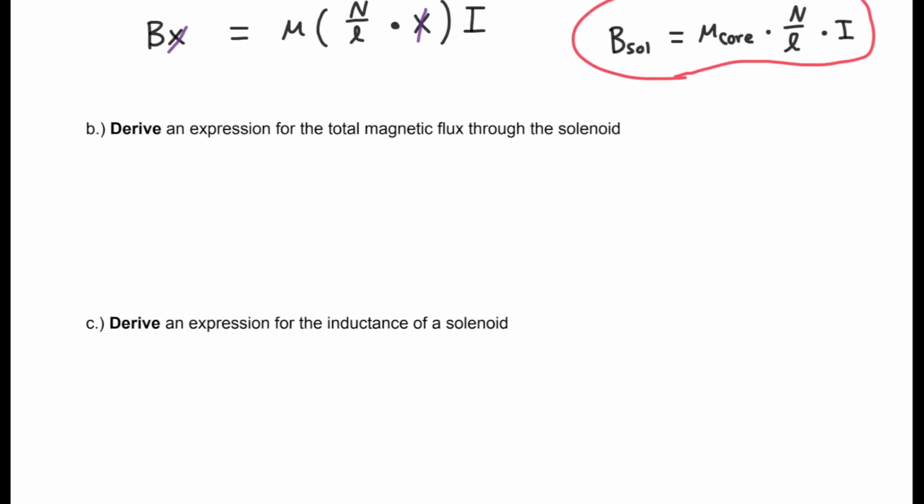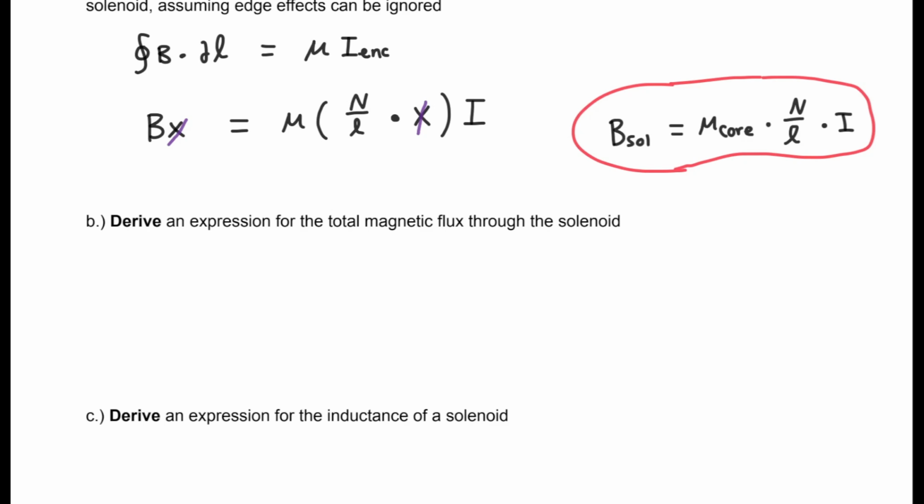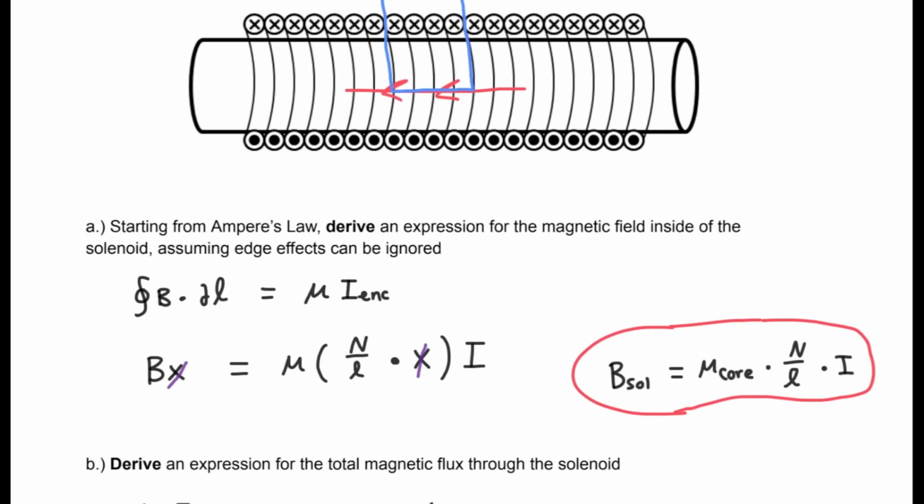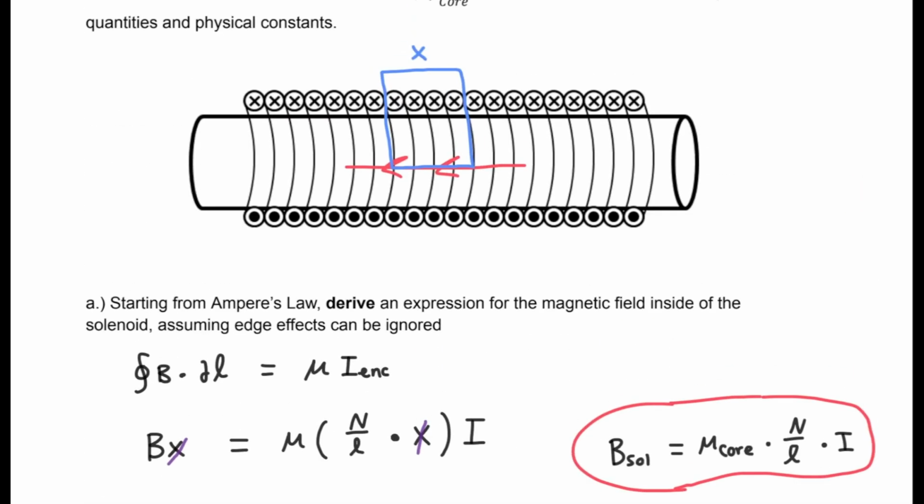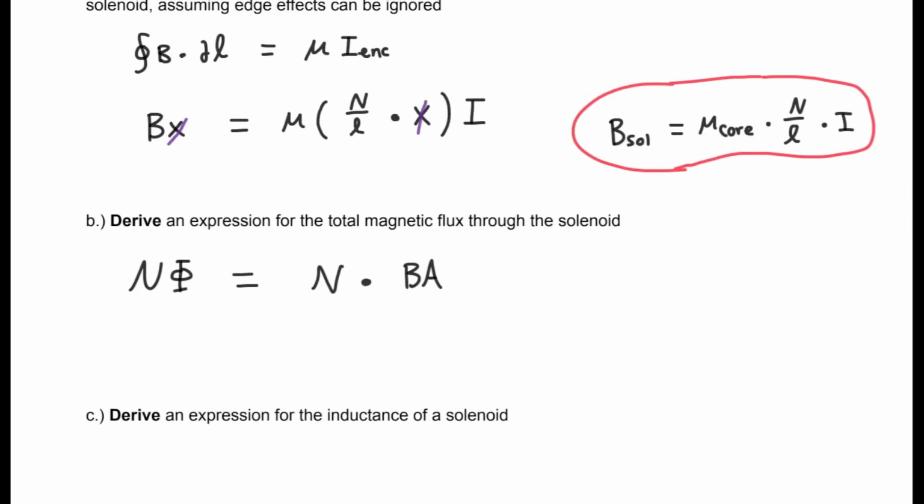All right, total magnetic flux through the solenoid. N phi is just going to be equal to the number of coils, capital N, times B times A, because we have this constant magnetic field penetrating N total coils.